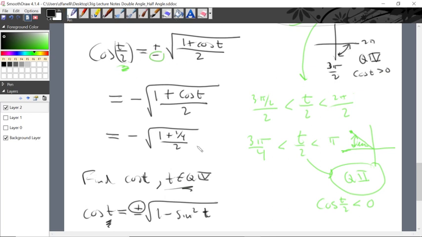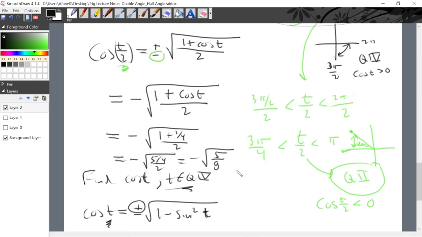So it's negative. Then 1 plus 1/4, by the way, is 5/4. So we get 5/4 over 2. Sorry for cramming that in there. Negative the square root of 5/4 over 2. And 5/4 divided by 2 is 5/8. So negative the square root of 5/8.